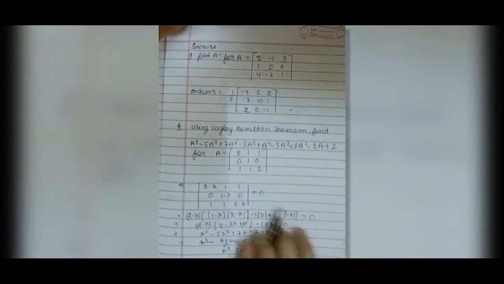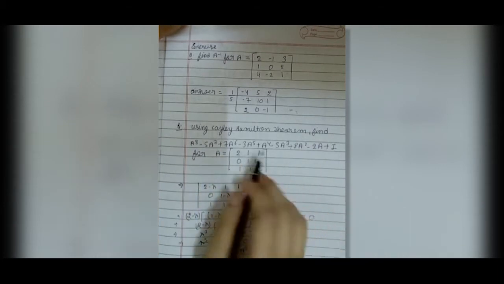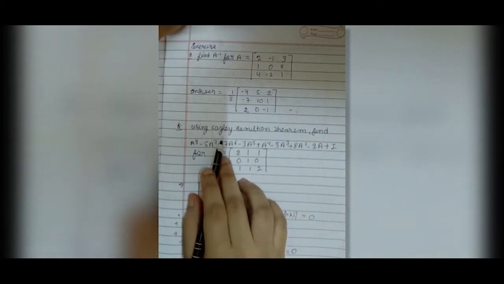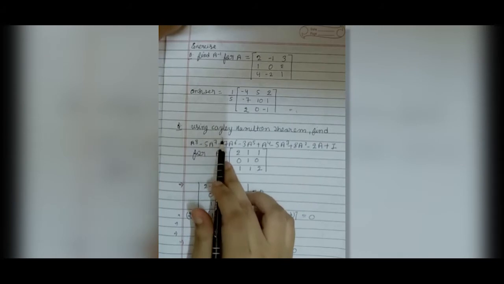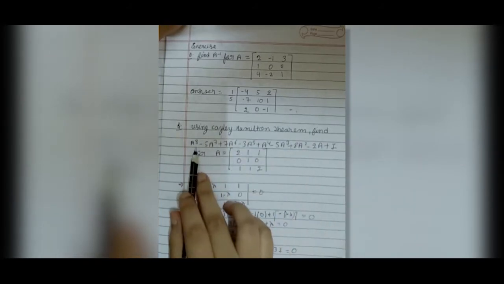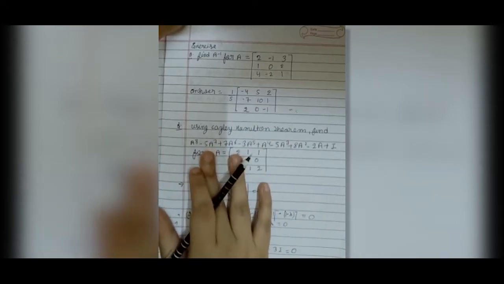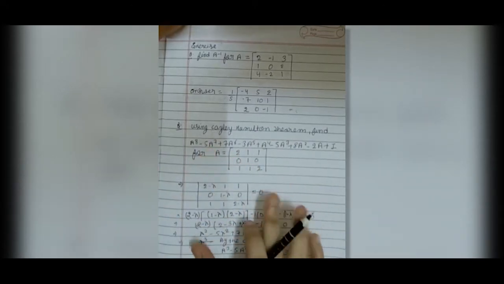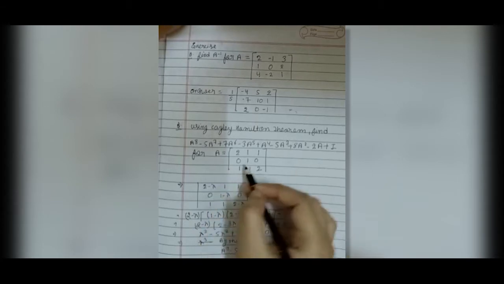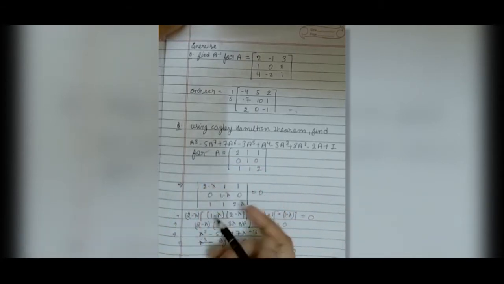So now we will see the next type of question which can come for Cayley Hamilton. Using the Cayley Hamilton theorem, find the value of the given expression. This seems complicated, right? But it's not. Let's see how to proceed. Your A matrix is this. So again the same thing, determinant of A minus lambda I equals to 0.